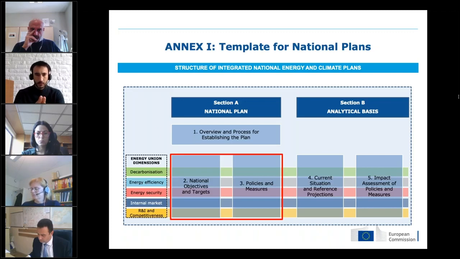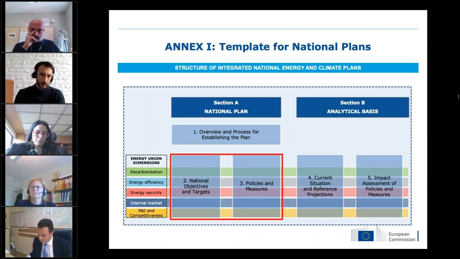for their plans. So basically, we have two parts, two sections. The first section is what we could call a more political section, so the national plan. And the other section is the analytical basis. So you see that half of the National Energy and Climate Plan is basically the analytical basis, which illustrates, I think, the importance of this aspect.